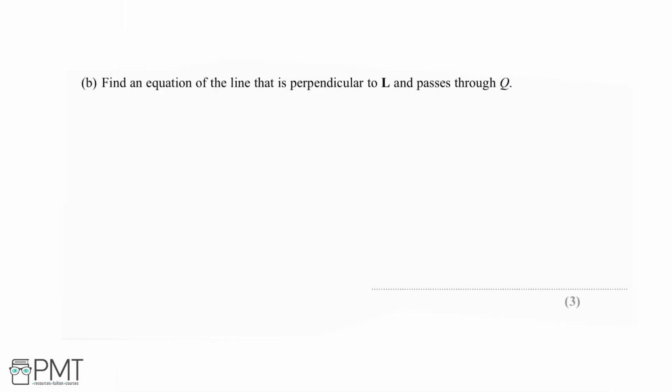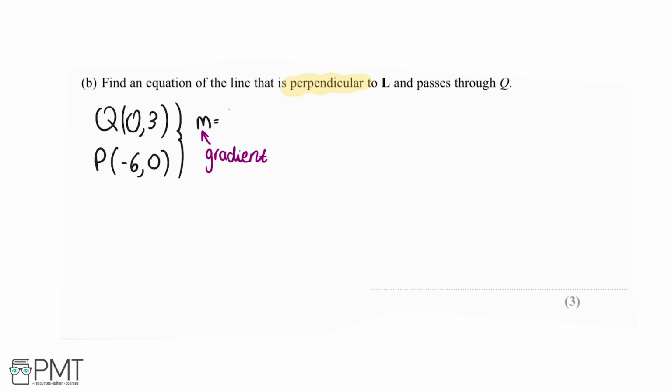Now part B says we need to find an equation of the line that is perpendicular to L and passes through Q. The first thing I'm going to do is find an equation for the line L. To do that, we need two points on the line, so I've got Q and P. Let's work out the gradient, M, by doing the change in y divided by the change in x.